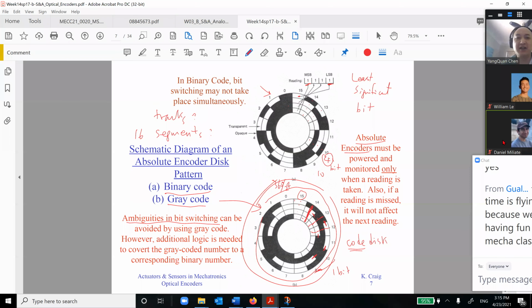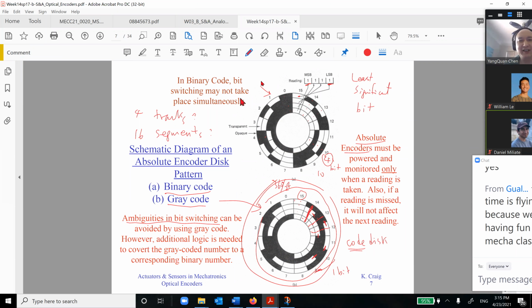How many tracks? 1, 2, 3, 4. I have 4 tracks in this case, right? Of course, you have many ways to make this disk. Giving 4 tracks, giving 16 segments, you have all different types. One is this one, another one is this one, okay?